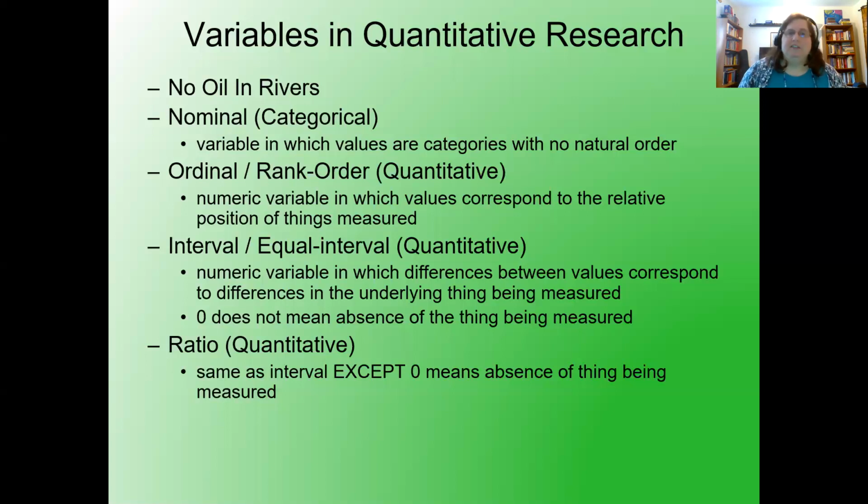But typically, like I said, we talk about temperature in Fahrenheit or Celsius, so we're typically interval. I just throw that out there. So that's your nominal, ordinal, interval, and ratio.